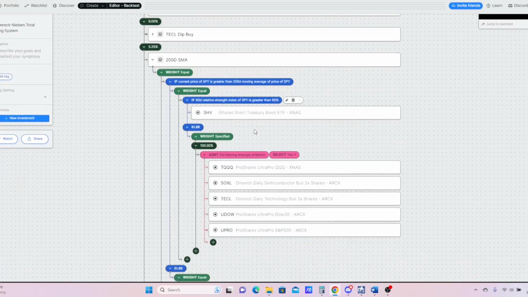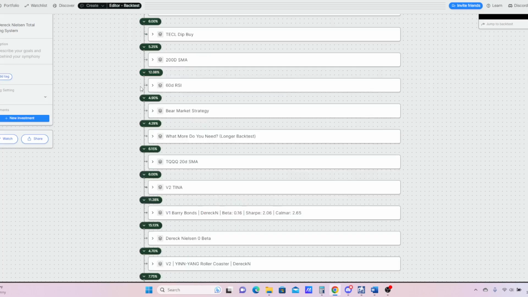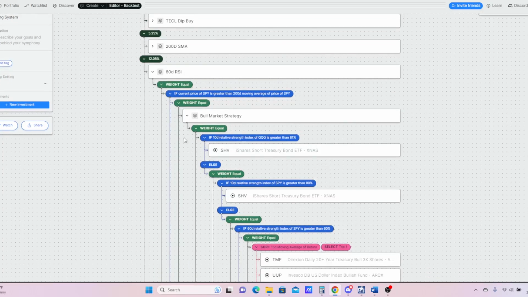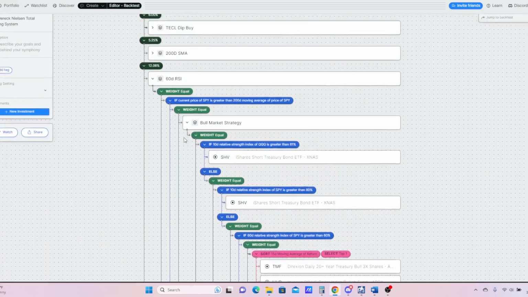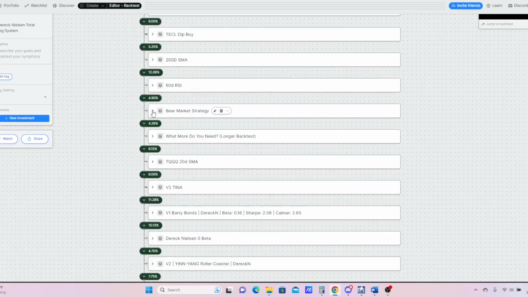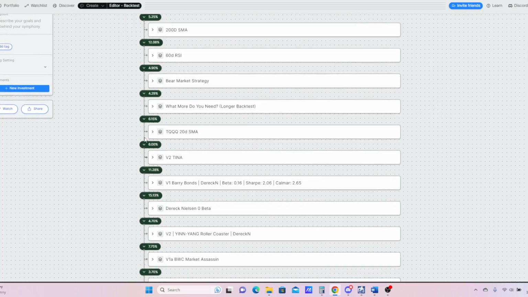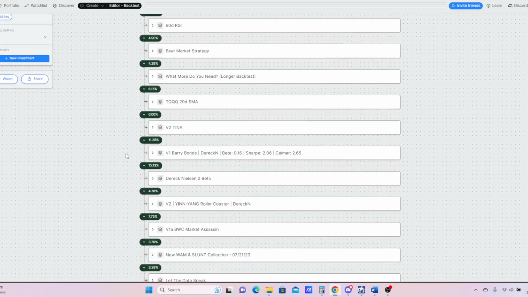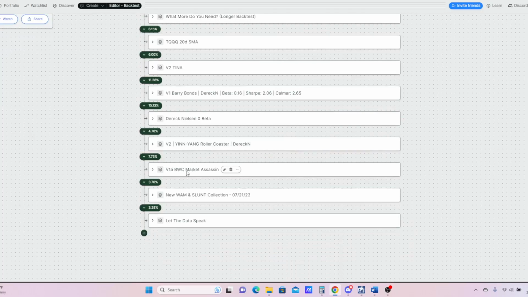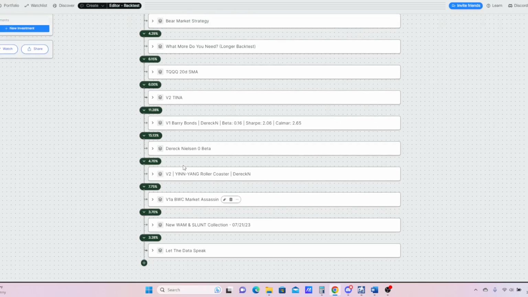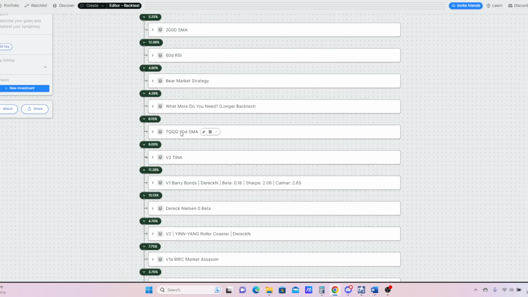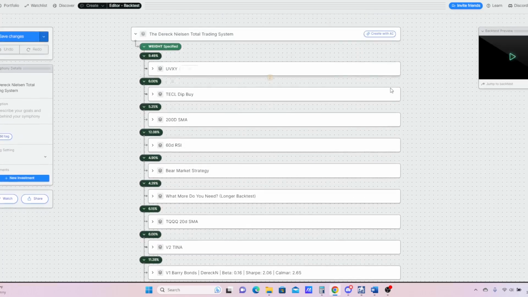This looks at the 200-day moving average and invests. So they're individual branches from different symphonies. This is just a 60-day RSI check. Bear market strategy. What more do you need? Except for these three, which are other people's, the rest are strategies that I made and put together in one master.